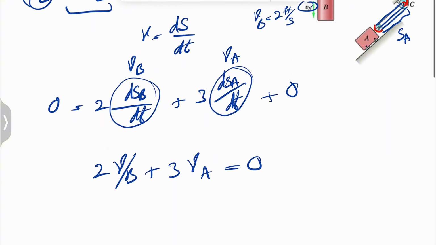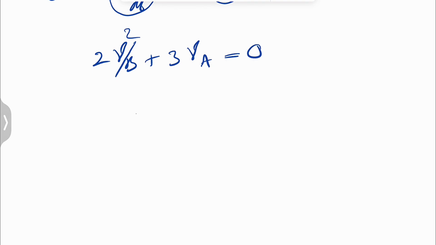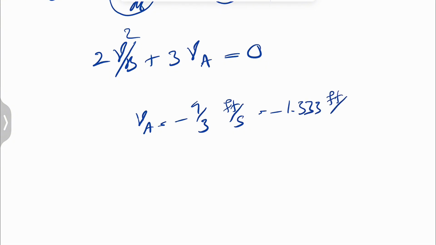From the question, we know VB is 2 foot per second, so our VA would be -4/3 foot per second, which is -1.333 foot per second. Keep in mind that since our starting number is 1, we need to go with 4 significant figures.